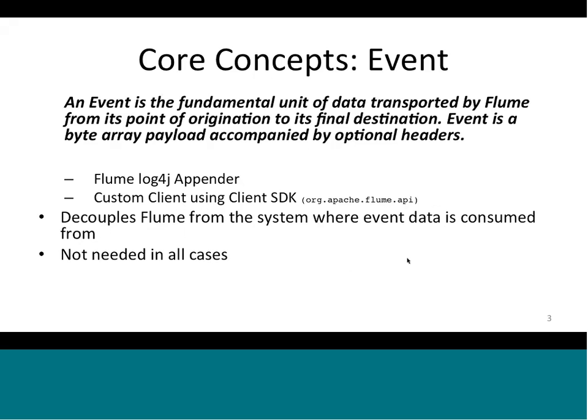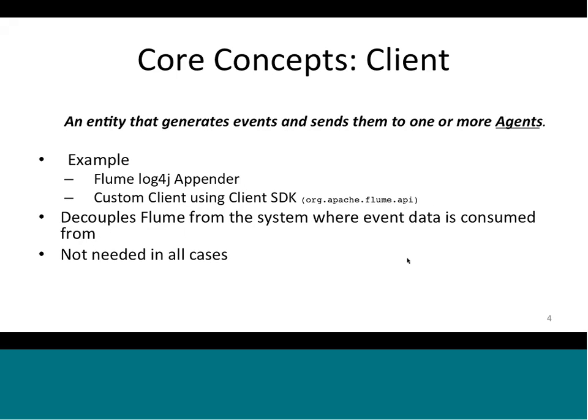The second concept is the client. The client is somebody who is generating events and sending them to one or more agents. Who are the agents here? Flume agents, the processes which are running Flume. An example is a Flume log4j appender, which essentially gets married into your Tomcat, JBoss, WebLogic, etc. servers, and is able to grab the logging entries from those files and stream them through.